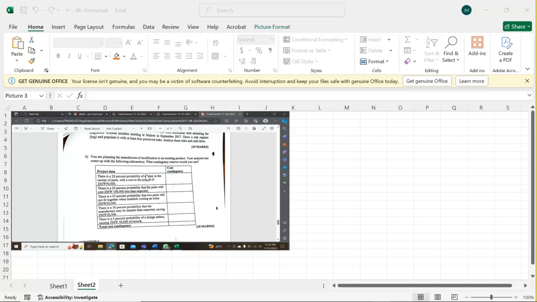The contingency is a buffer that allows project managers to respond to unforeseen events, changes, or errors that may impact the timeline, budget, or scope of the project. So you're looking at it in case a risk arises, and how much contingency you can reserve. So it deals with issues of risk management, uncertainties, and budgeting itself.